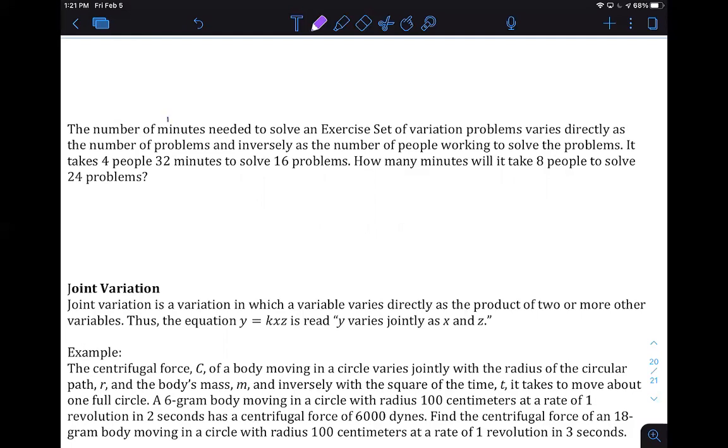So I'm going to use lowercase m. Varies directly as the number of problems. So let's use, for number of problems, n for number. And inversely is the number of people. And let's use P.